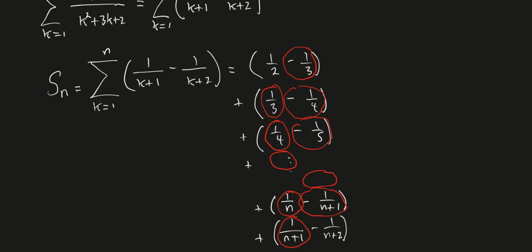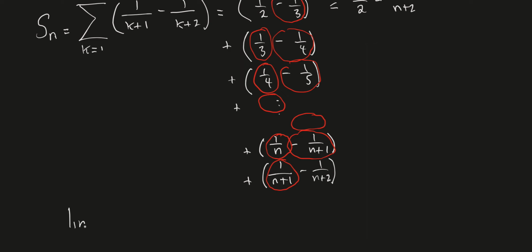So our method of differences tells us now that this nth partial sum simplifies to 1/2 minus 1 over n plus 2. Right? And then, if we take a limit of this, I think we see what's going to happen.